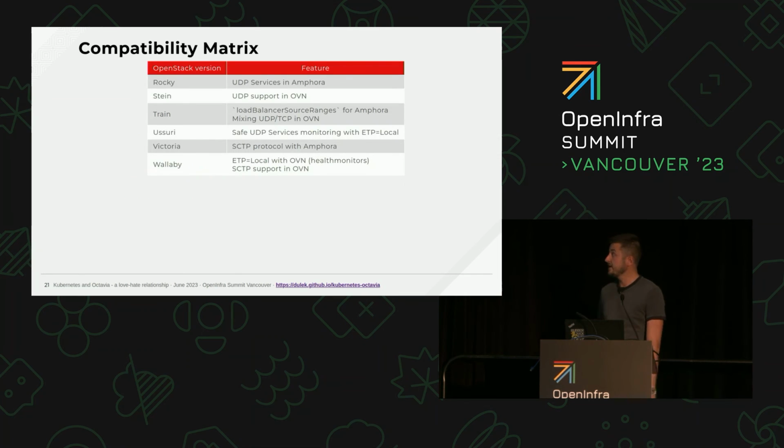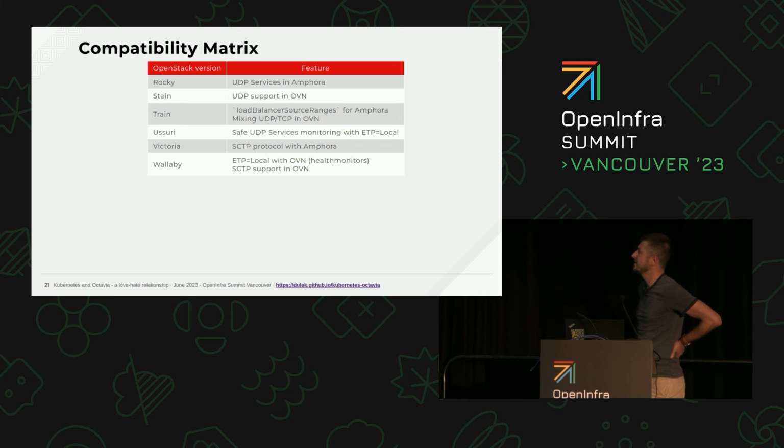So this is a tiny compatibility matrix. I've only shown the versions starting from Train, but then I've been to a presentation today that was showing that someone is still using Queens. So I've realized that I need to extend this. So yeah, in Rocky, UDP service in Amphora, that's cool. The UDP support came in Stein in OVN, and I think they've extended that a little bit in Train.